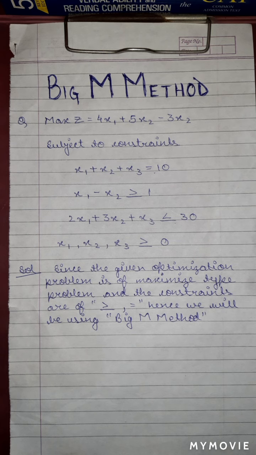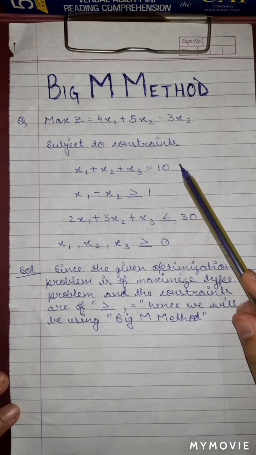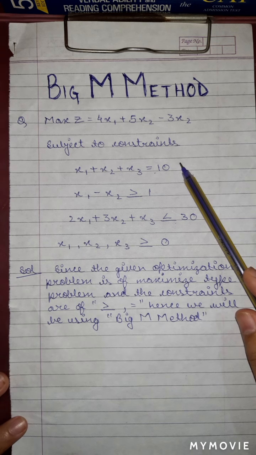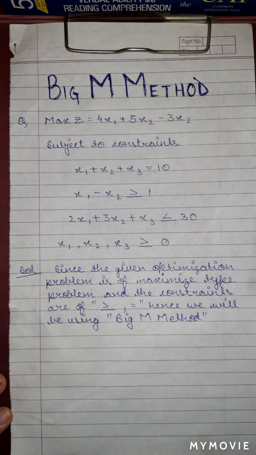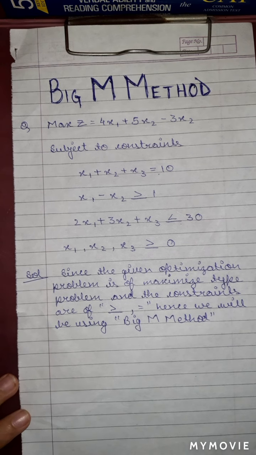Now we have to again rewrite these subject to the constraint by balancing their both LHS and RHS. As we can see that the first equation is already balanced, so we need to add an artificial variable, as we can't add or subtract surplus variable or slack variable.